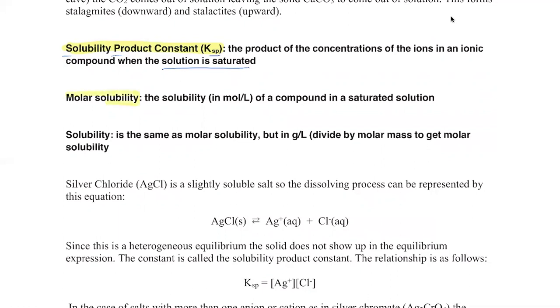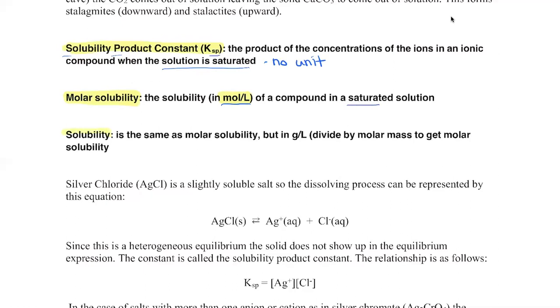Molar solubility is similar, but it's specifically measured in moles per liter. We know that K has no units, it's a ratio of products to reactants, but molar solubility is measured in moles per liter, and it tells us how many moles of a solute can dissolve in 1 liter of water to form a saturated solution.